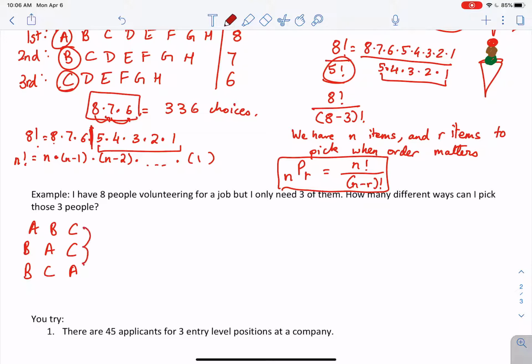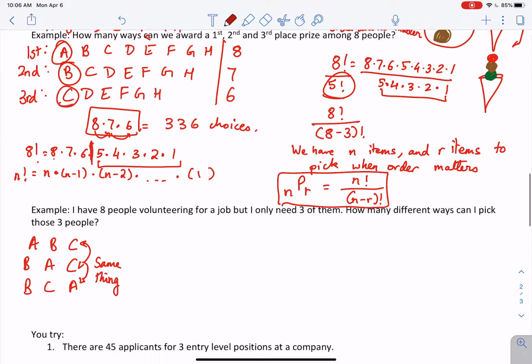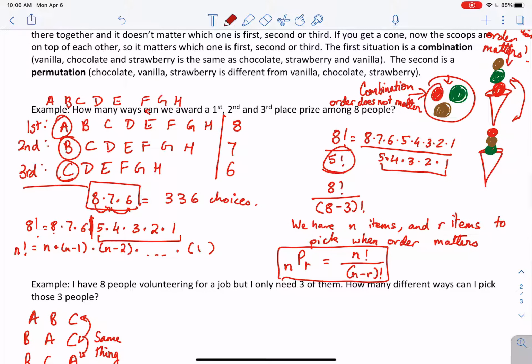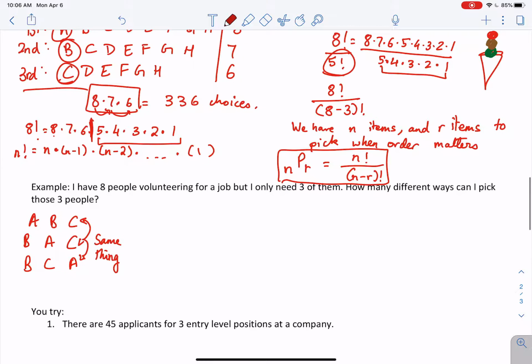So I get all these redundancies where these are all the same thing because all of them are getting the same job. That wasn't true in this example because if I did B, A, C, for example, that's a different situation where now B gets first place rather than A getting first place. In this case, it doesn't matter. Whichever one I pick first really doesn't change anything.